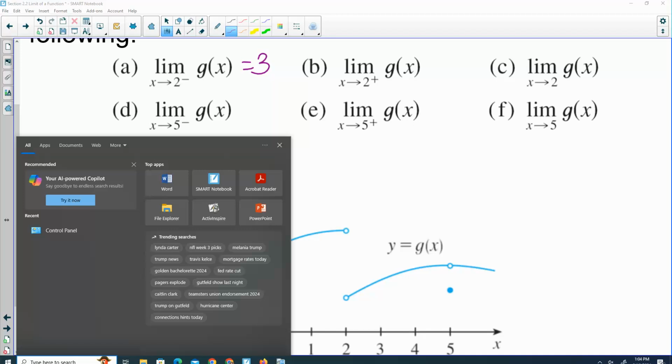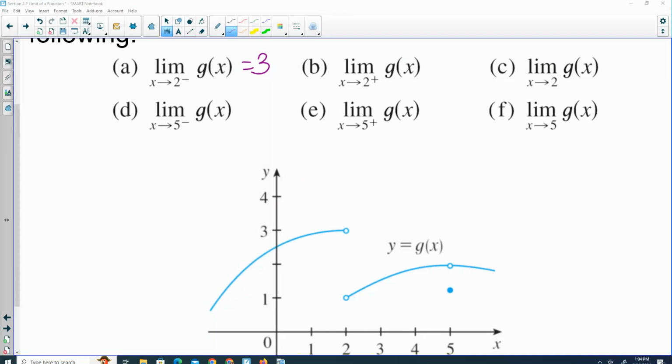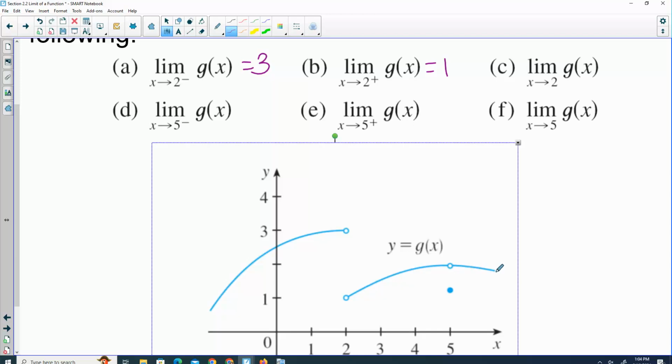Okay. As I approach 2 from the right, so I'm coming in from the right, bigger than 2. And as I'm traveling in towards 2, what's my y approaching? 1. What does C say? When x is 2. As we approach 2, but there's no plus or minus, so that means from both sides at once.